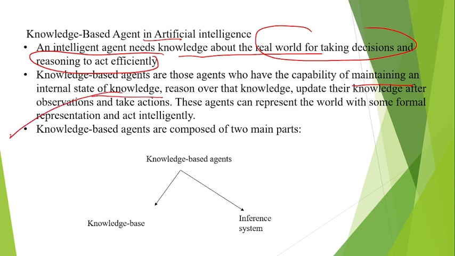If we say internal knowledge, we can say memory, correct? It can reason over knowledge, and they regularly update their knowledge. These agents represent the world in some form of intelligent representation. Knowledge-based agents are divided into two parts: the knowledge base and the inference system.